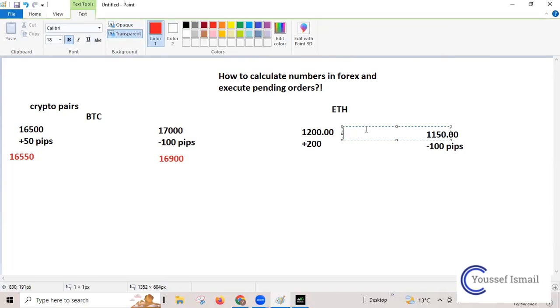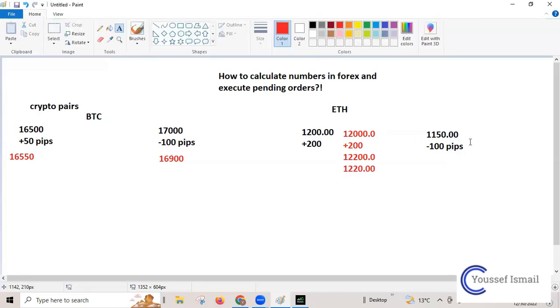So now we are going to make the change. So the number will be written like so, 12,000. And when we add 200 to that, the result will be 12,200. When we change that to the original form, the number will be 1,220.